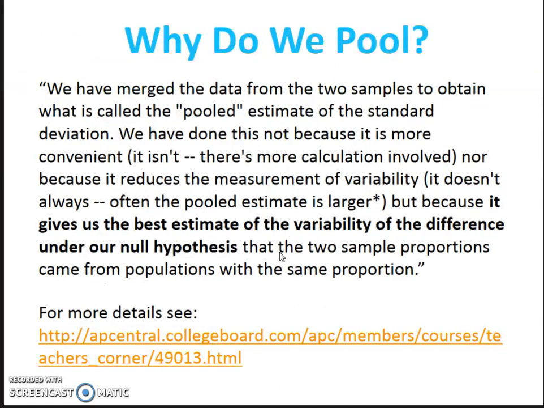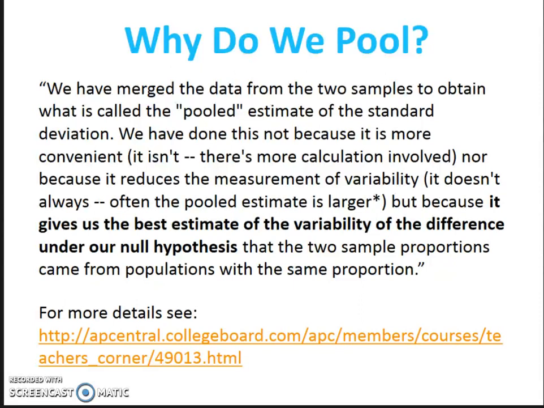Now, why do we pool? So a little bit of background. We have merged the data from the 2 samples to obtain what is called the pooled estimate of the standard deviation. We have done this not because it is more convenient, because it isn't, right? There's more calculation involved, nor because it reduces the measurement of the variability. It doesn't always, right?